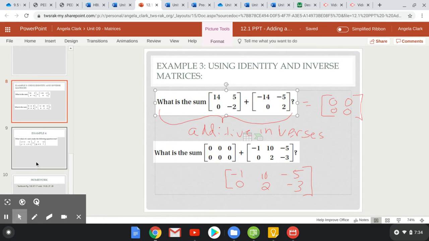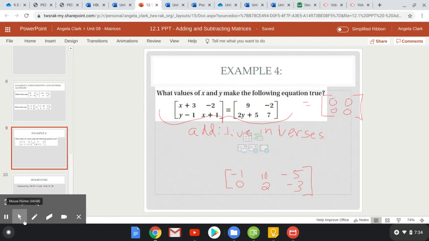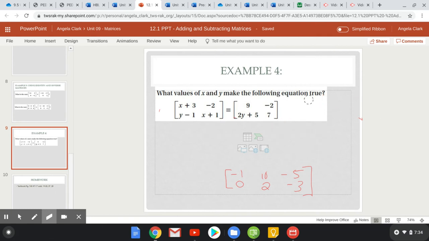Now let's look at this question. So if I have these two matrices and I want them to be equal, I have some unknowns in here. Notice I have x plus 3, x plus 1, y minus 1, 2y plus 3. So I have some unknowns in this matrix, and I want to figure out what x and y would make these two equal. Well, if they're equal, then their elements are equal, right?